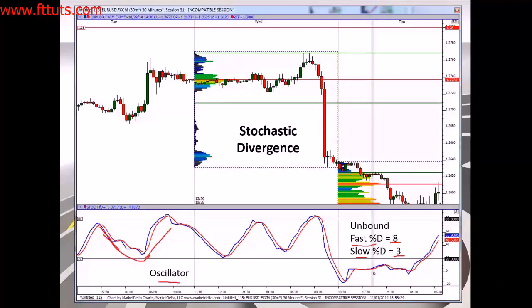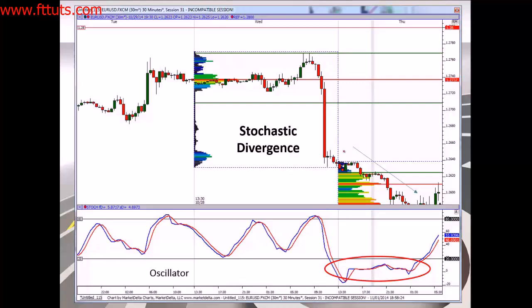But keep in mind that at times the stochastic will do what you see here: it stays in negative territory and flattens for a while, and that often causes individuals to make the mistake of thinking prices are ready to move higher when they're really not, and they're stagnating or they continue to move lower.